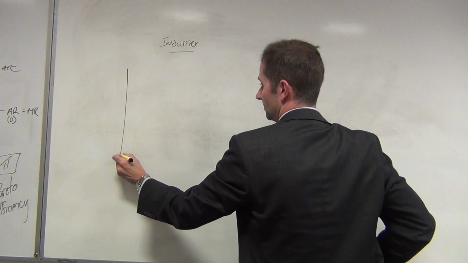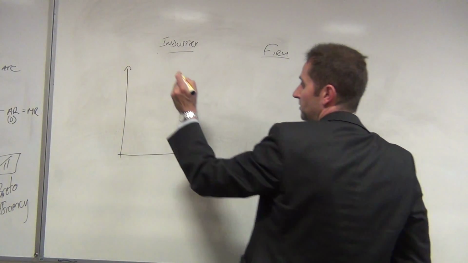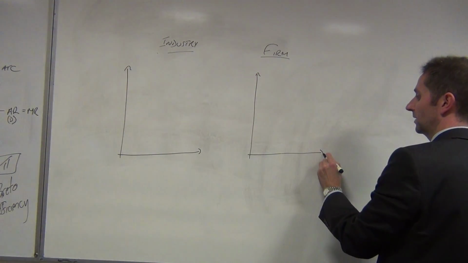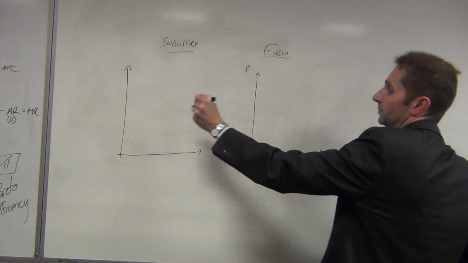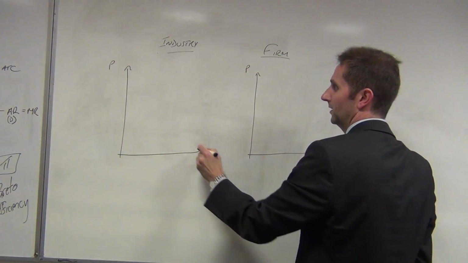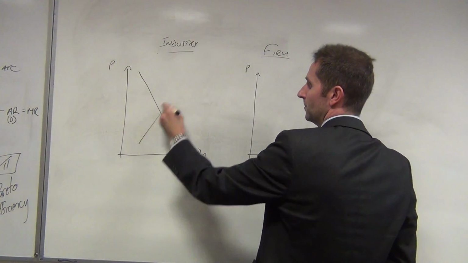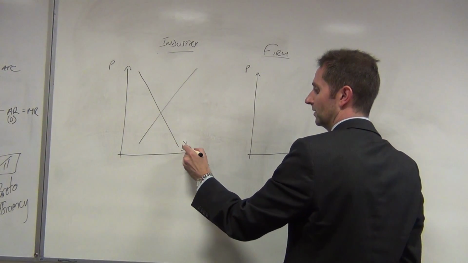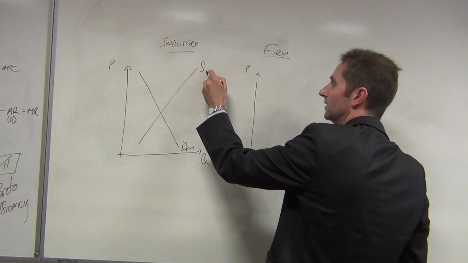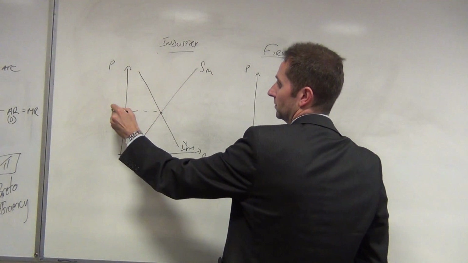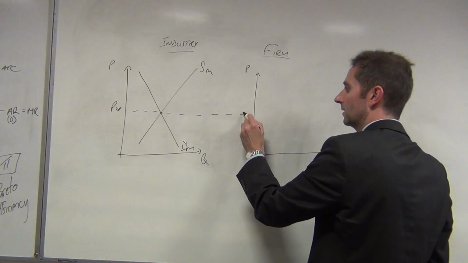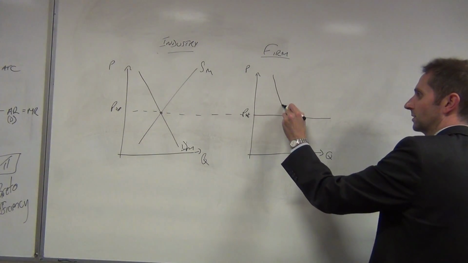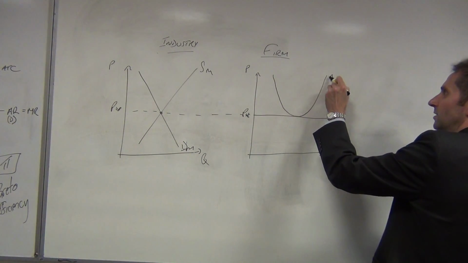So we start from the same initial equilibrium position with the industry and the firm, P and Q, and the market supply and demand curves. So we've got the demand curve, the supply curve, your initial equilibrium P star. And obviously the more often you draw these, the faster you'll get at it, and it just becomes old hat.